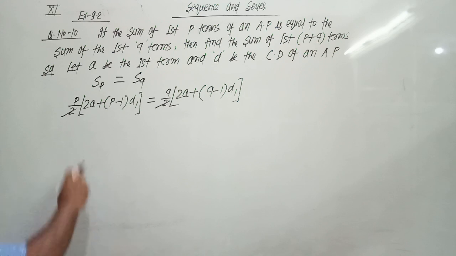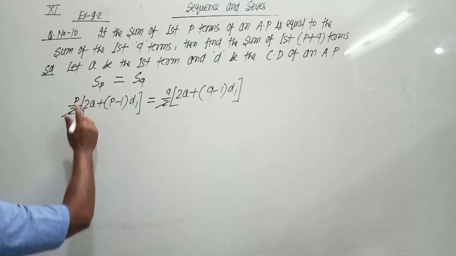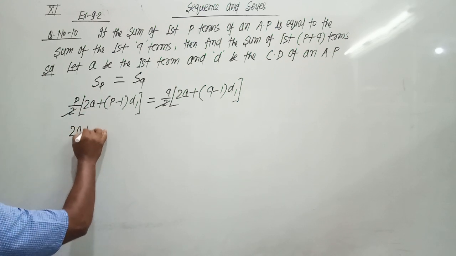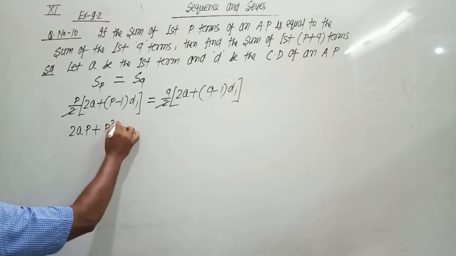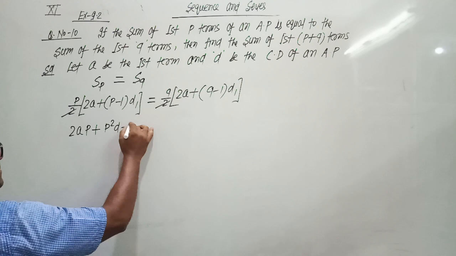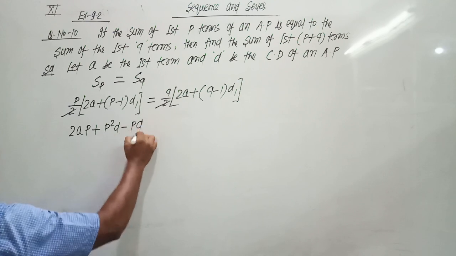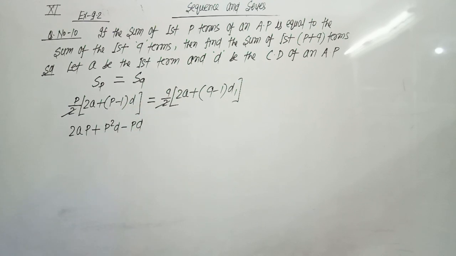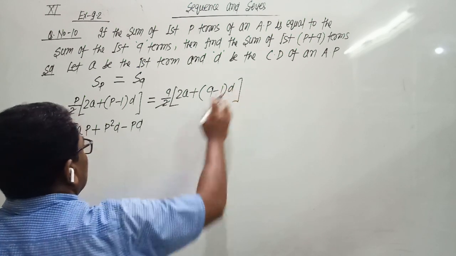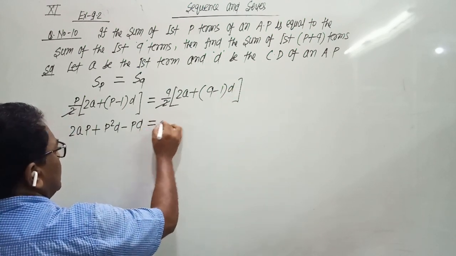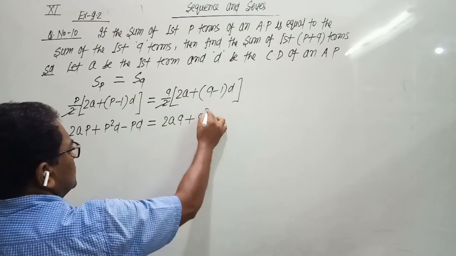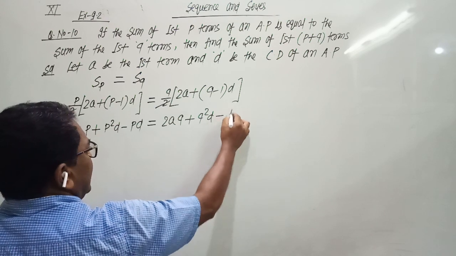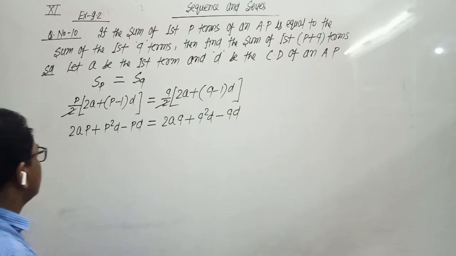We remove the brackets by multiplying by p. So 2ap + p²d − pd equals 2aq + q²d − qd.